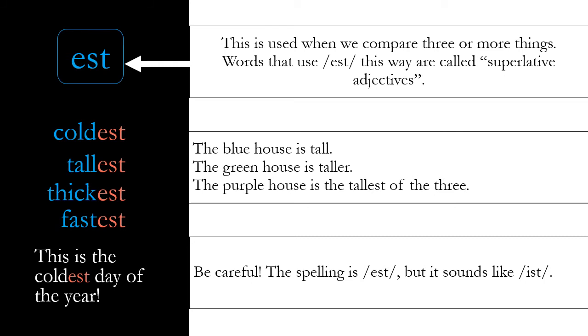It says, be careful. The spelling is EST, but it sounds like IST. So we don't say coldest, tallest. We say coldest, tallest, thickest, fastest. Okay, I know there's a lot to take in here.